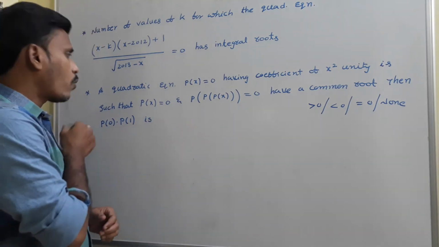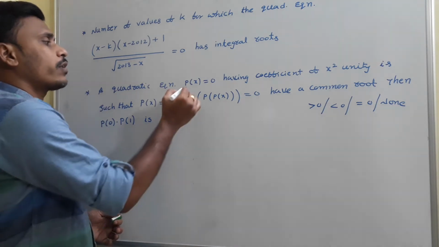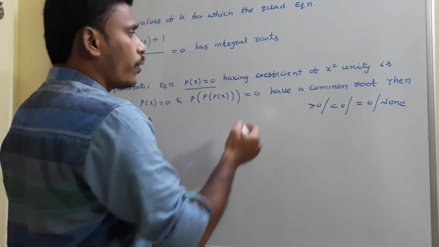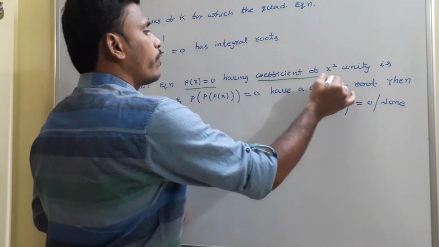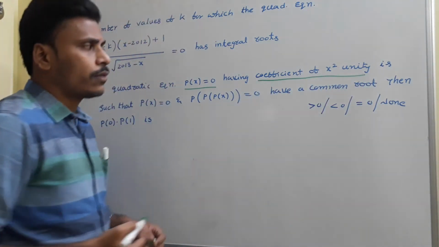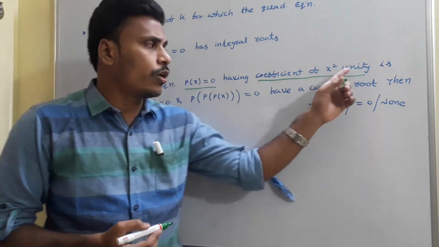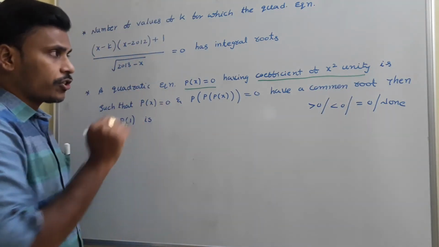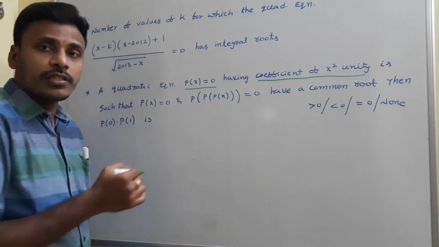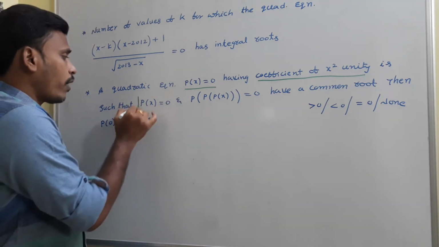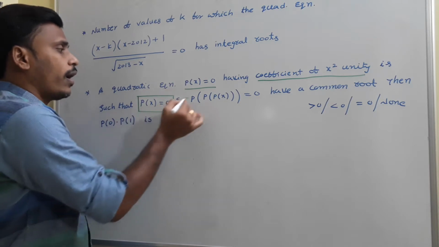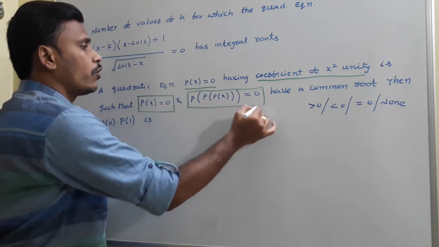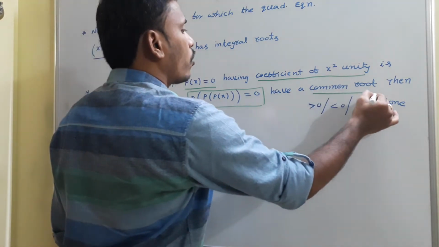A quadratic equation p(x) = 0. So p(x) is a quadratic equation having coefficient of x square unity, unity means 1. The quadratic equation is such that p(x) = 0 as well as q(x) = 0 have a common root.